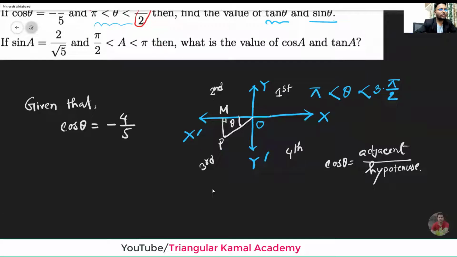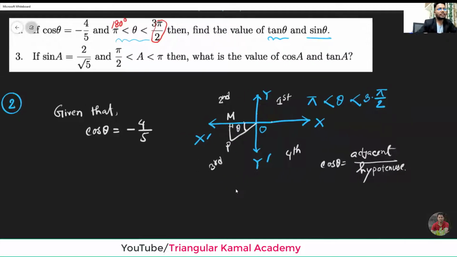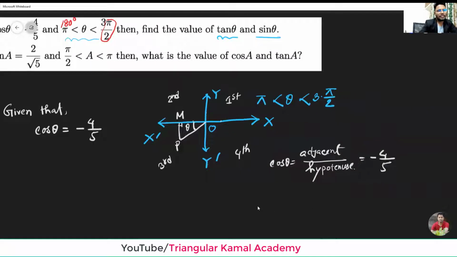So now if we consider here, this is minus 4 divided by 5. That means adjacent is 4, hypotenuse is 5. We know hypotenuse is always positive. It may be the first, second, third, fourth, any quadrant, hypotenuse is always positive. So hypotenuse is positive, then adjacent.